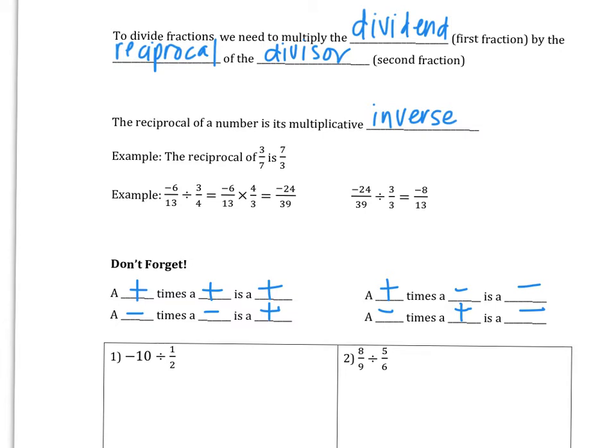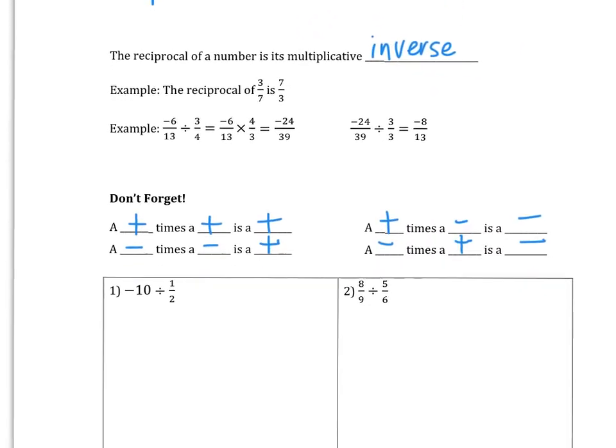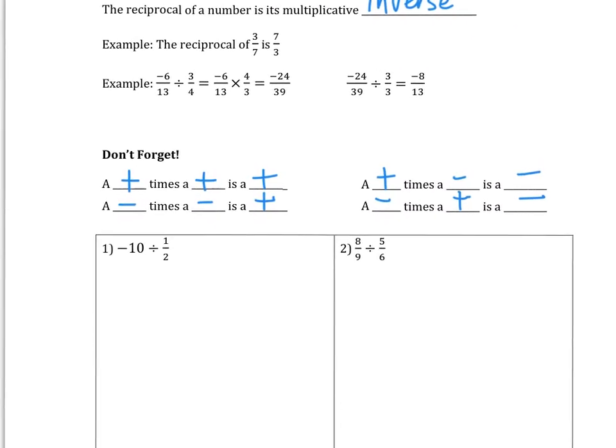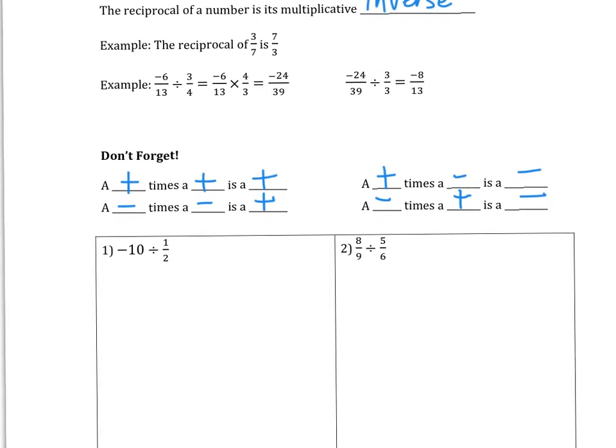That's just something to keep in mind. Let's do a few examples of this. Number 1, -10 divided by 1/2. The first thing I want to do is turn my whole number into a fraction just by putting it over 1. Now it's a fraction.